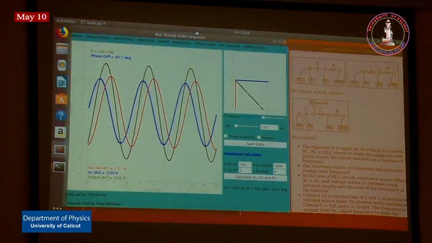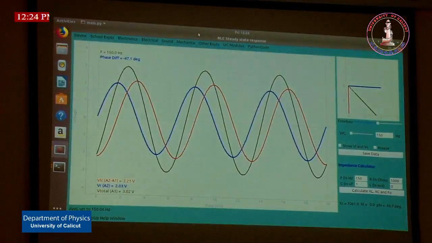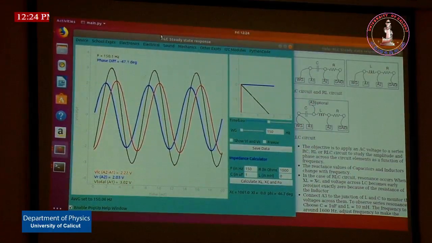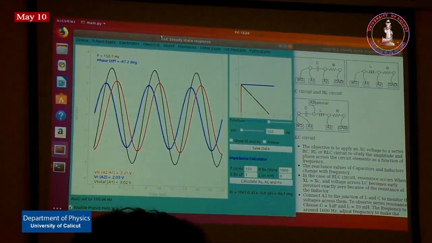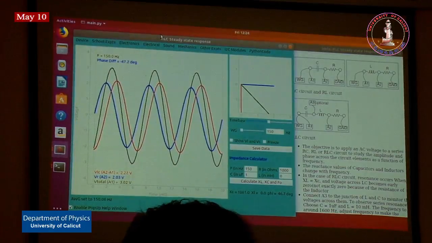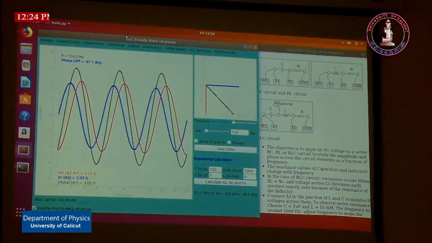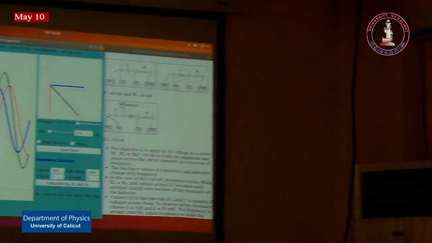Now notice one thing. Somewhere in the textbook it says across the capacitor there will be a 90-degree phase shift. What is that 90-degree phase shift? The textbook says the current leads by 90 degrees, right?